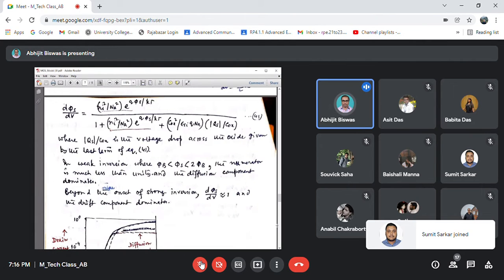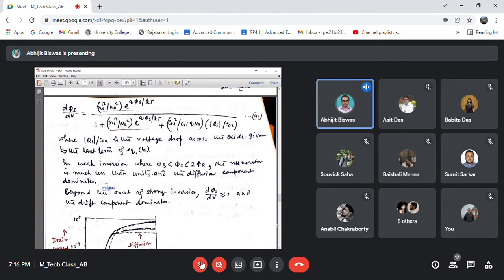When the device reaches the onset of strong inversion, this d phi s dv becomes approximately equal to unity. Before that, it was much less than unity. But at the onset of strong inversion, it is approximately equal to unity. Therefore, the drift component of current dominates.